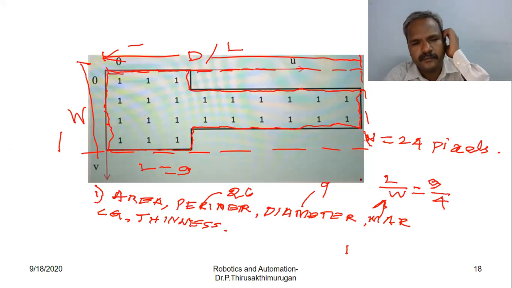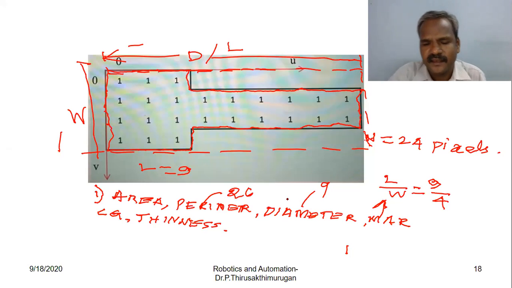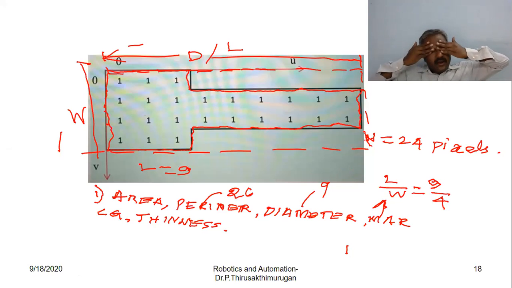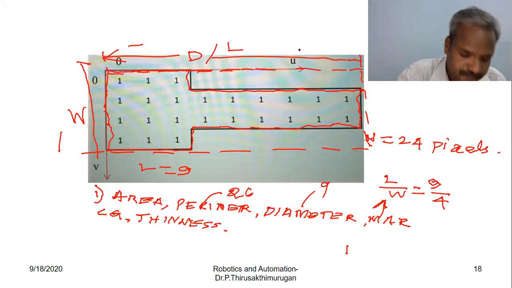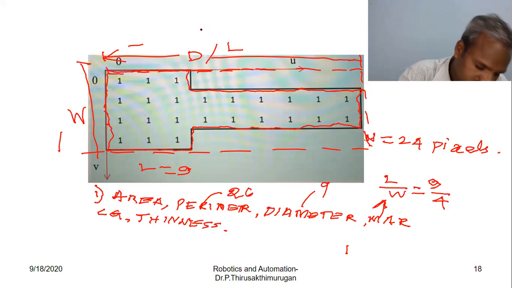Okay, good. Thinness. There are two definitions for thinness. One is called compactness, that is perimeter square by area.